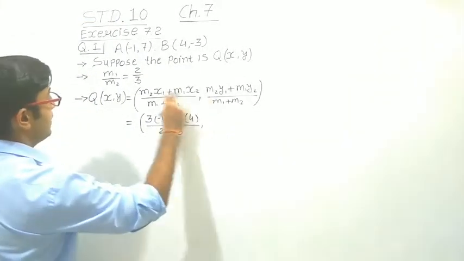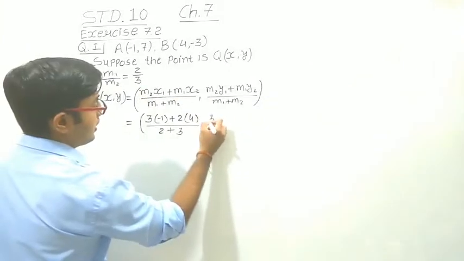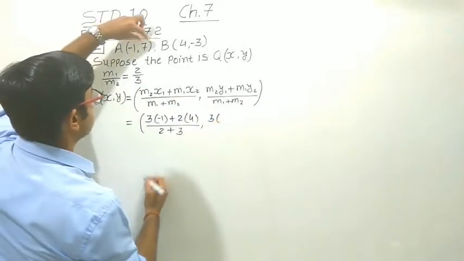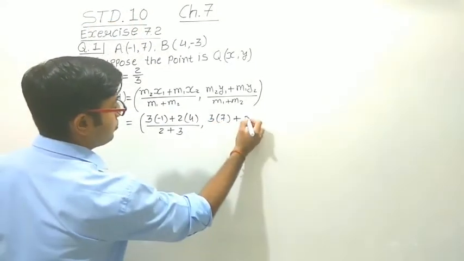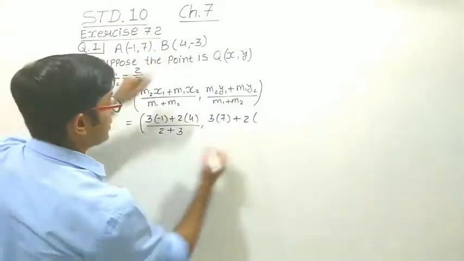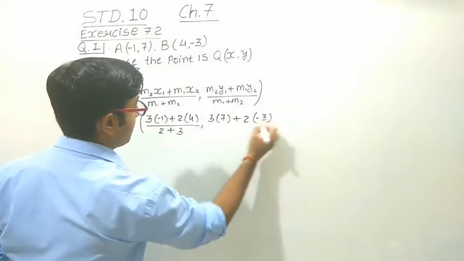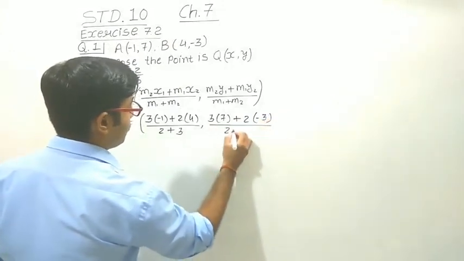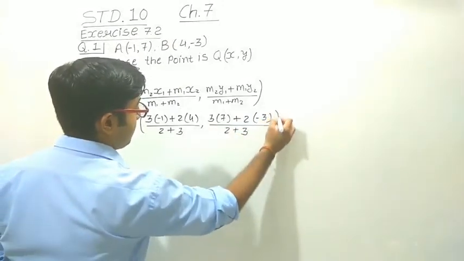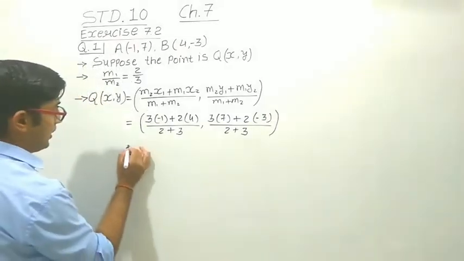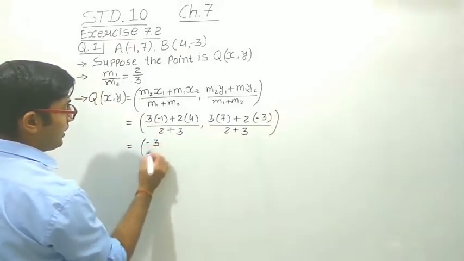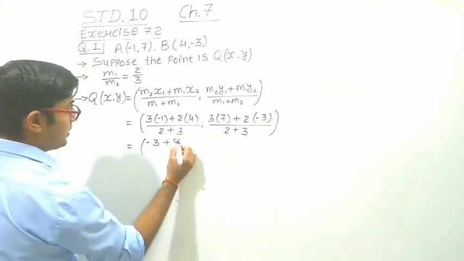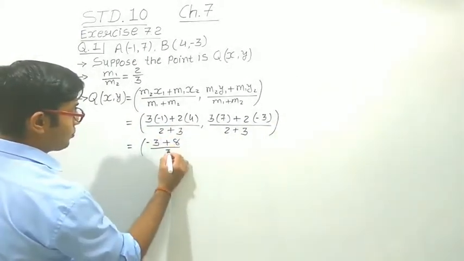In the same way, m2 is 3, y1 is 7, m1 is 2, and y2 is -3, upon 2 plus 3. Now when we simplify, we get 3 into -1, that is -3, plus 4 times 2, that is 8, upon 3 plus 2, that is 5.